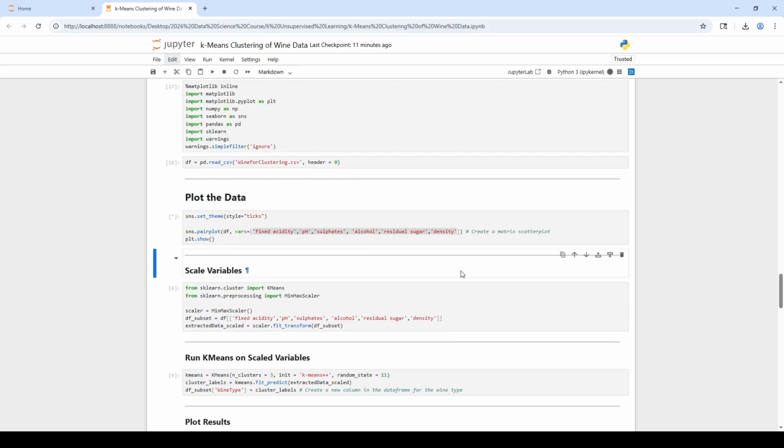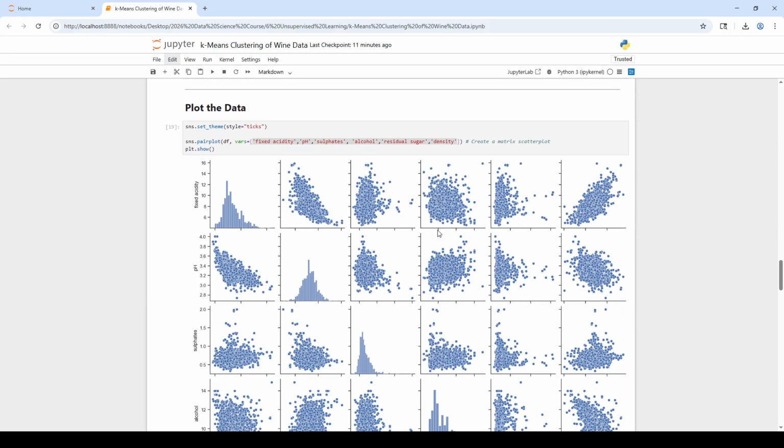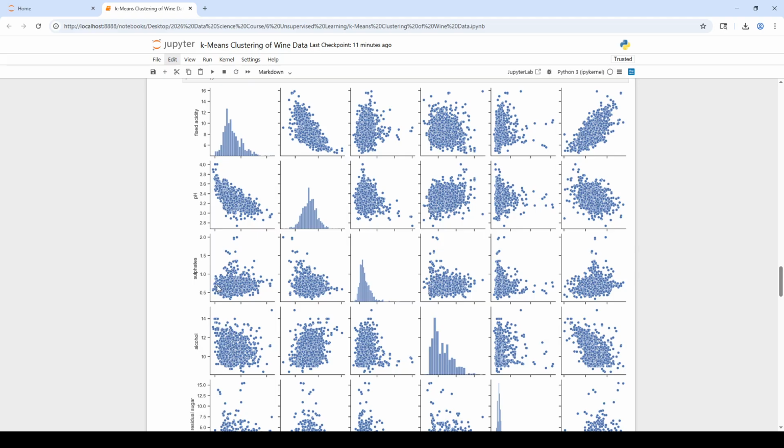So we're reading in our data set, and we are creating a matrix scatter plot of the input variables. I'm plotting fixed acidity, pH, sulfate content, alcohol content, residual sugar content, and density, and you can see the corresponding matrix scatter plot.